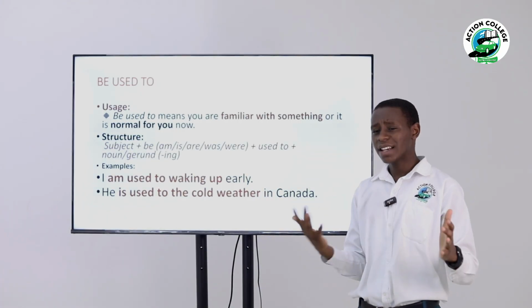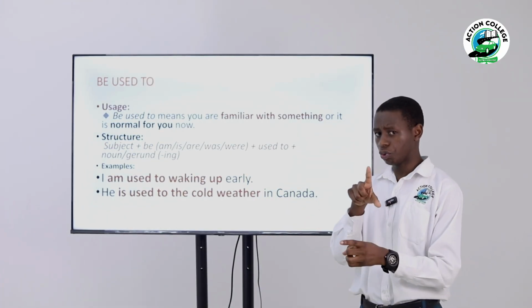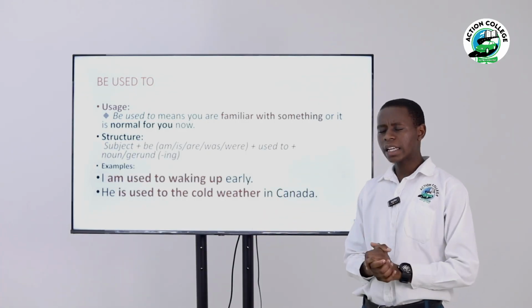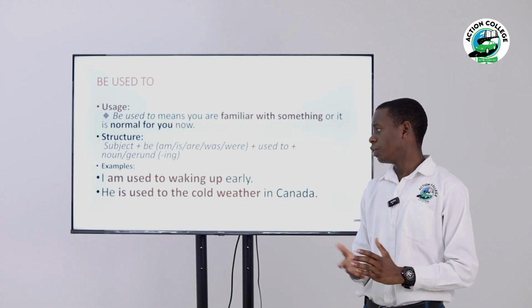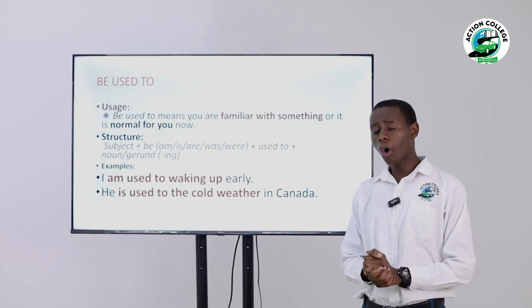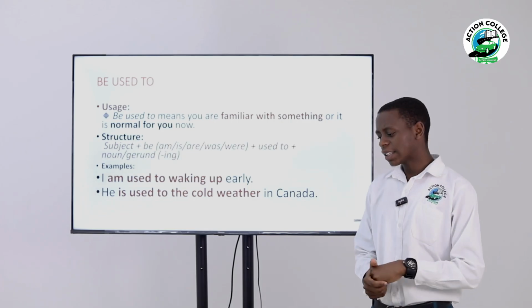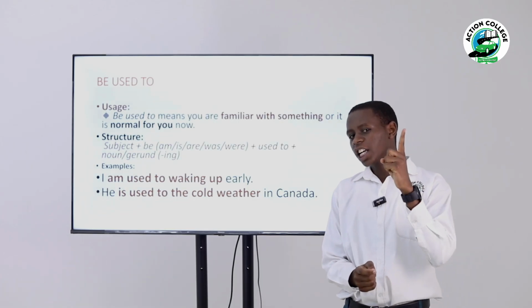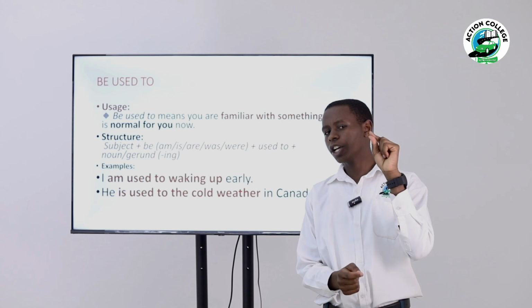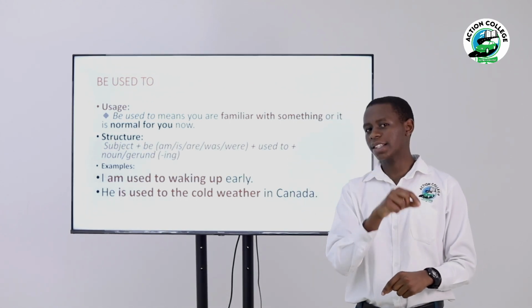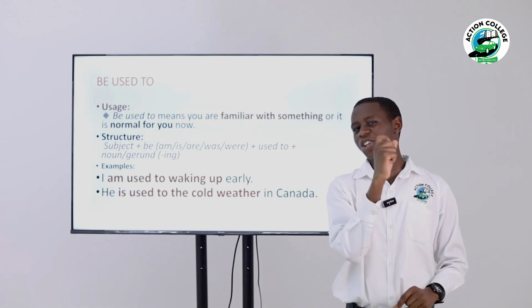So there, you can say someone is used to. Even, there are some places which are hot. You can say he is used to the hot weather as the opposite of this sentence. So that is how you can use it. I encourage you to try to create your own sentence. Even you can put it down in the comment. I can check it for you if it is correct.